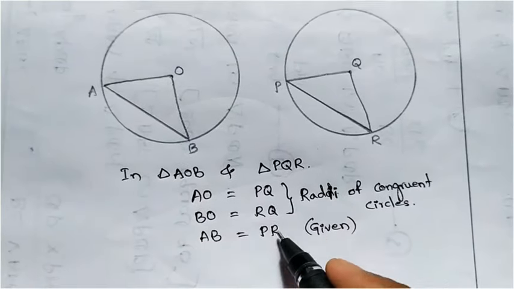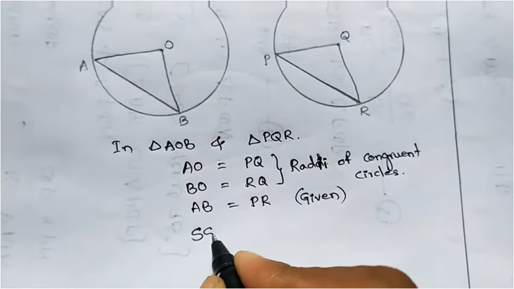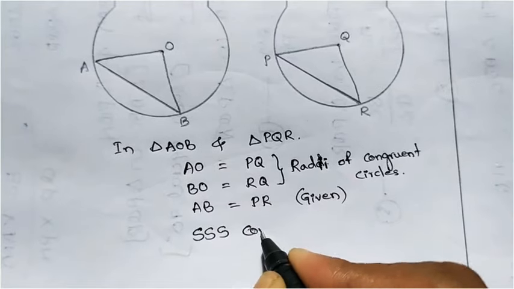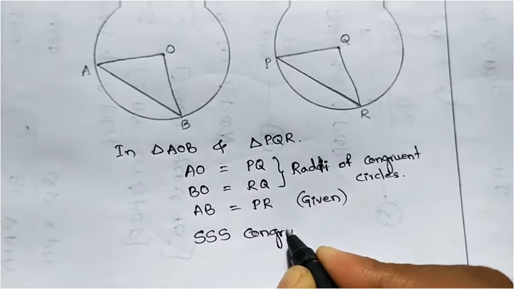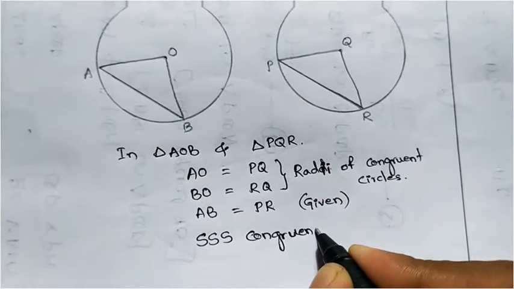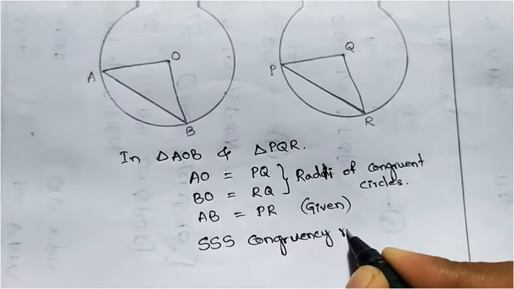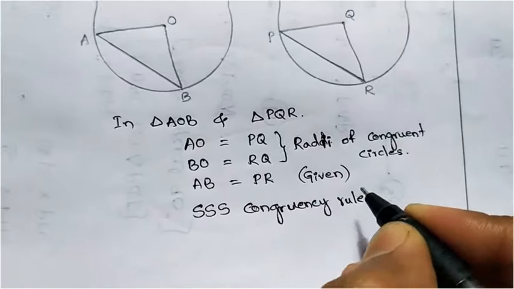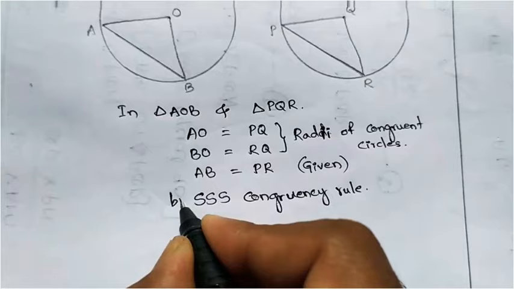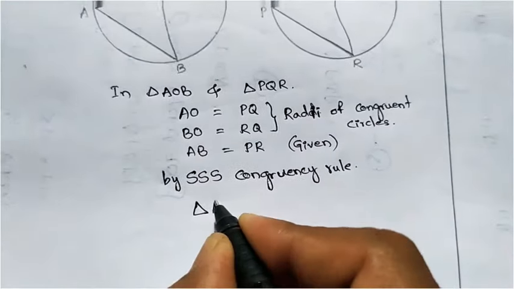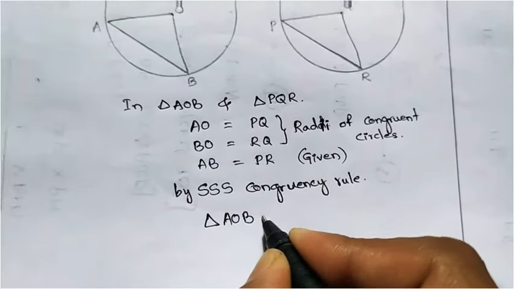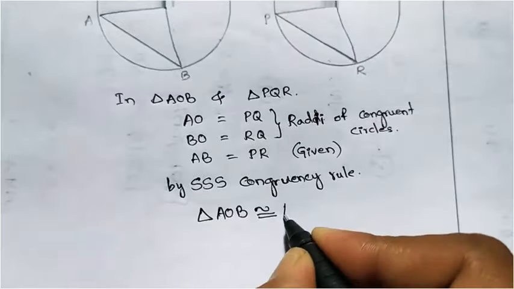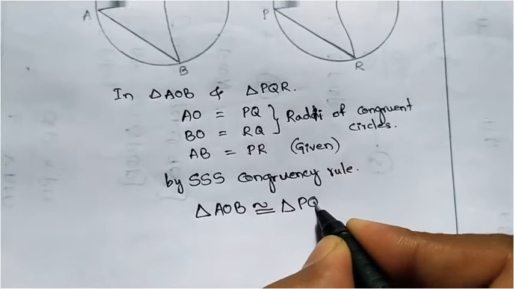By the side congruence rule, triangle AOB is congruent to triangle PQR.